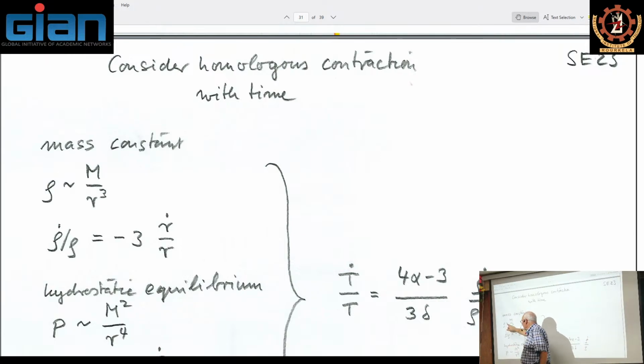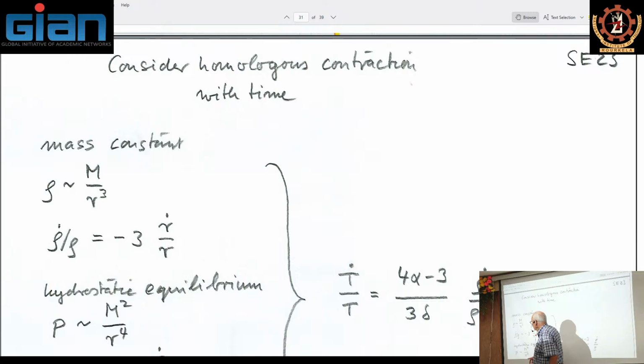If we take the derivative of the density with respect to time, rho dot, and take the ratio rho dot over rho, the mass is constant, so this is caused only by the change in radius. So we obtain rho dot over rho is -3, the exponent of this 1 over r cubed, times r dot over r. It's simply differentiating this relation, keeping the mass constant.